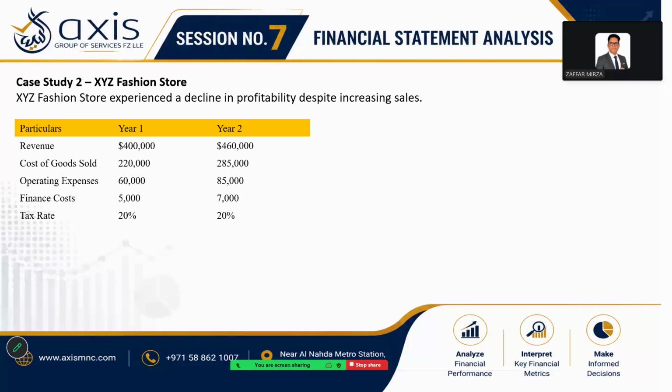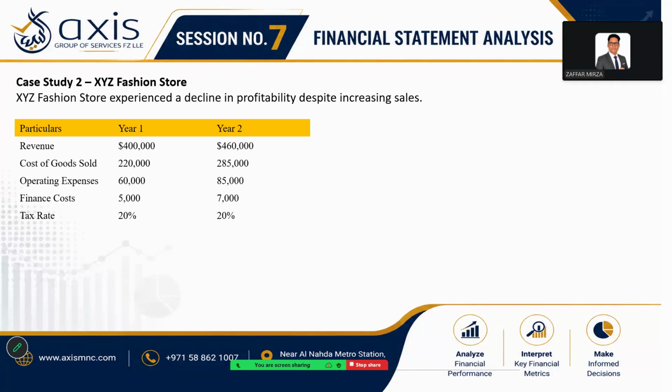That means the sales are increased, but profit is decreased. Revenue year 1 400,000, revenue year 2 460,000. So the sales is increased. Cost of goods sold 220, 285. Sale is increased, cost of goods sold also increased.